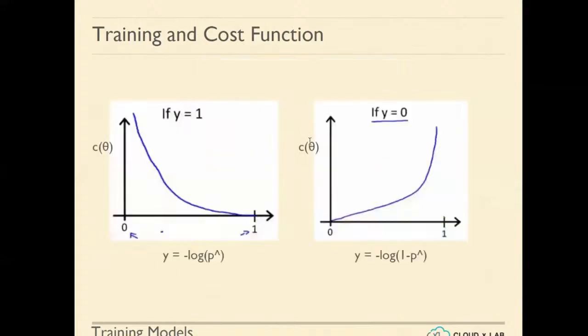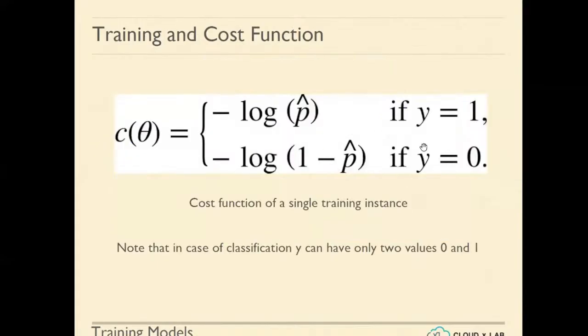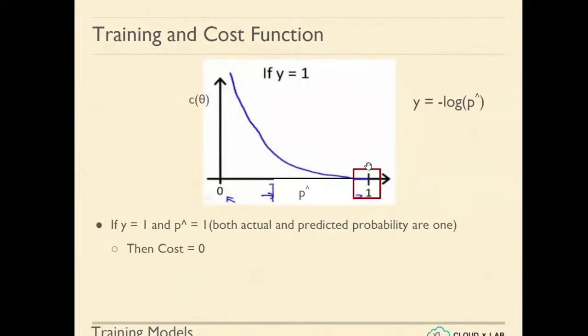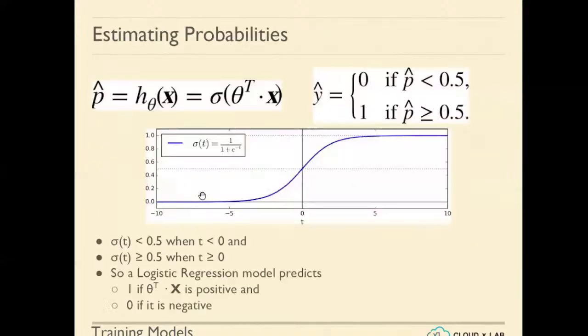Similarly, if the actual output is negative, if the input belongs to the negative class, then we will use this function, minus log 1 minus p hat. Now this p hat remains the same. What is this p hat? Sigma theta transpose x is the p hat, which means it is a probability.